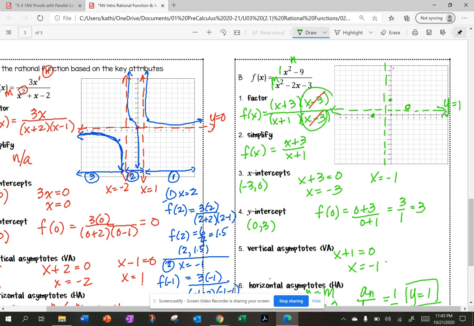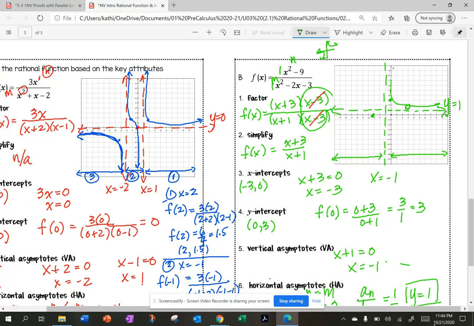Okay, this one I only have 2 intervals. And I know the basic shape of a rational function looks like this. So I already have 2 points in the top right-hand quadrant and 1 point in the bottom left-hand. So I really don't have to test for any points.